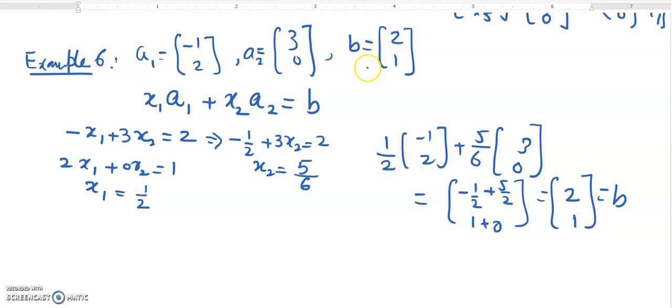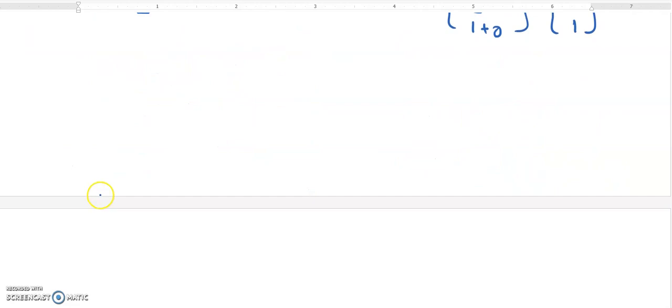We can solve another example. Let's do it on this new page. Example 7.